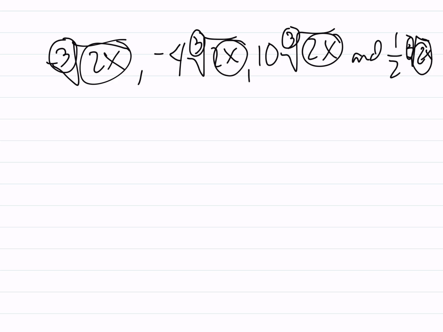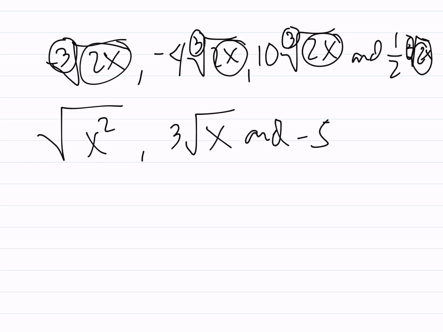Next, another example: square root of x squared, 3 square root of x, and negative 5 square root of 2x are examples of unlike radicals.